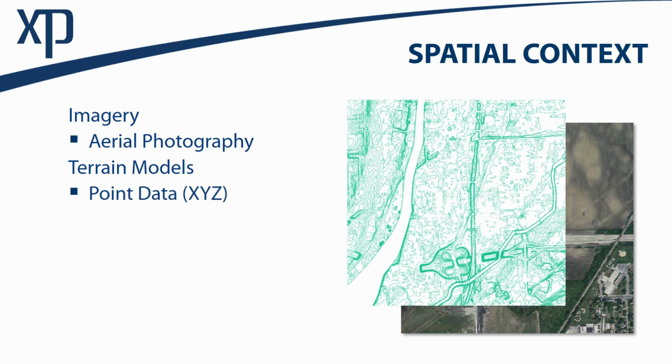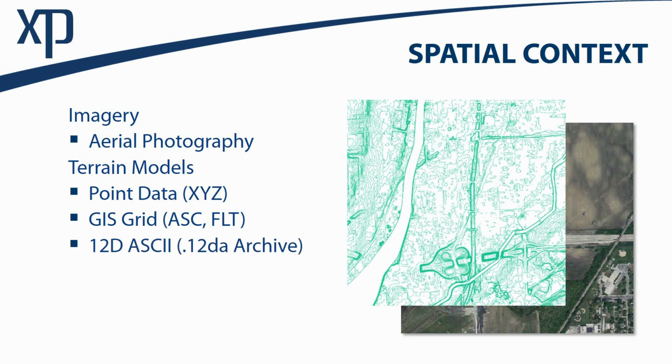Most of that is in an XYZ format, northing, easting, or easting, northing, and elevation, typically in a text format. It can come in an Esri grid file, which is an ASC text file. Again, it's just XYZ, or its binary equivalent, which is the FLT file.